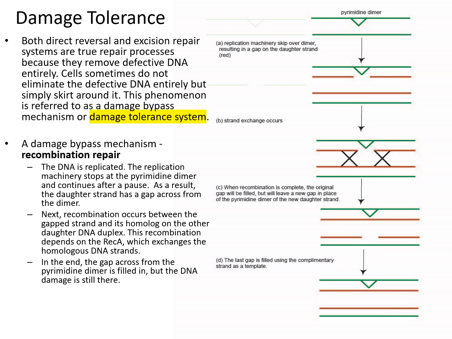So basically, you can see if we have a pyrimidine dimer, the replication machinery skips over this pyrimidine dimer, resulting in a gap on the daughter strand, and then through recombination, the original gap can be filled. So this is the damage tolerance system.